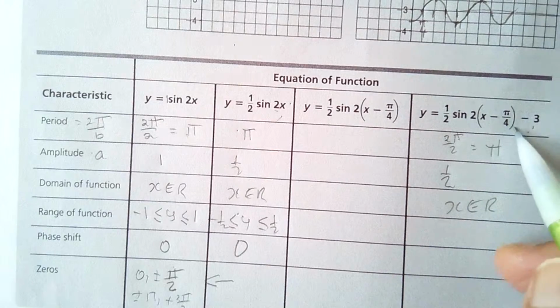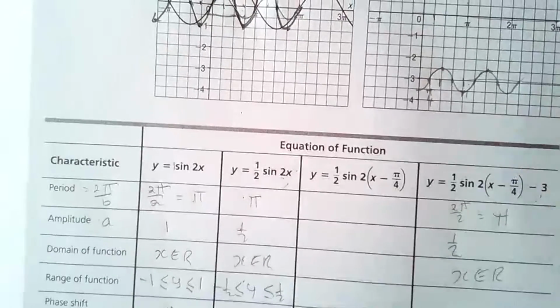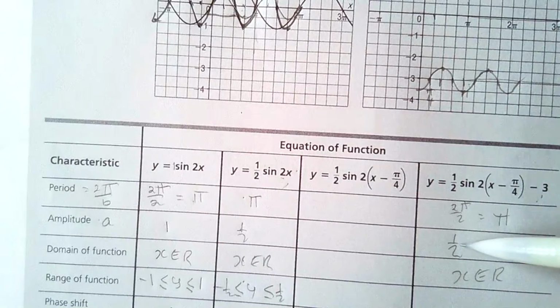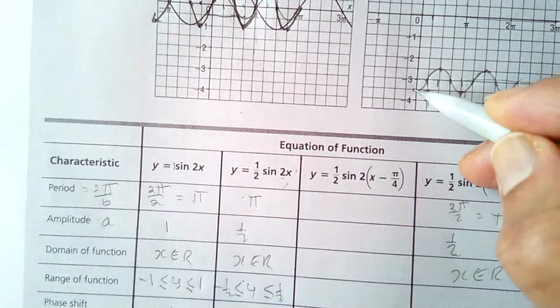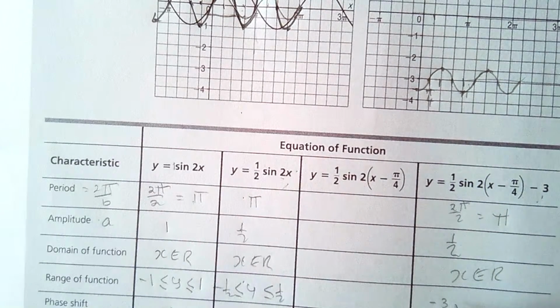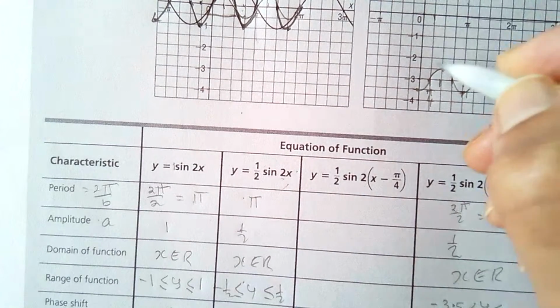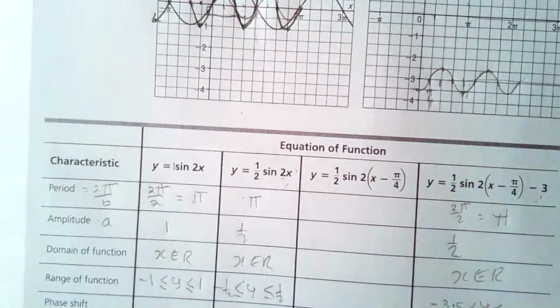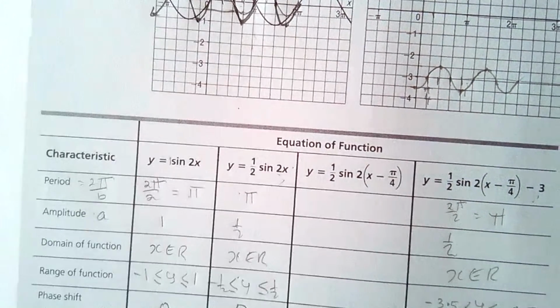So if you were to sketch this graph, which we have here, go back to this graph here, our minimum value is -3.5. And our maximum is -2.5, or -5/2.